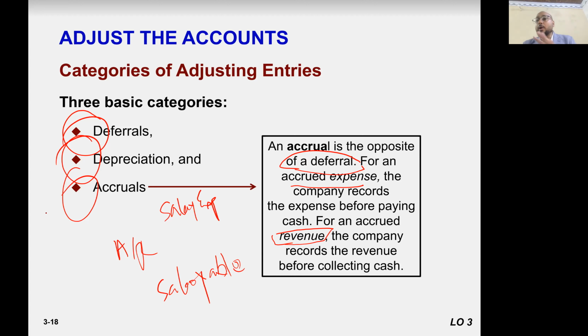Before making the income statement, retained earnings statement, balance sheet, and cash flow statement, you must adjust these accounts, then go for closing of the accounts, and then you make financial statements. Otherwise, your statement is going to be flawed, erroneous.